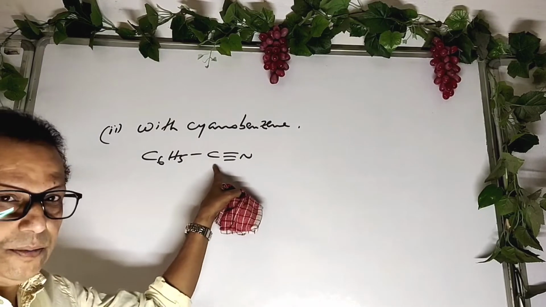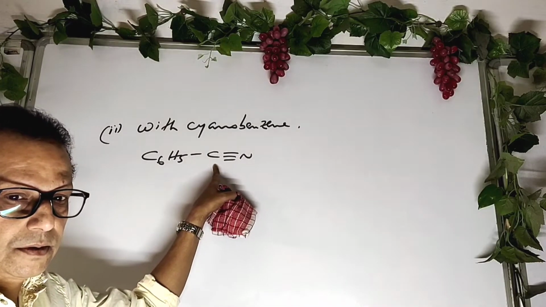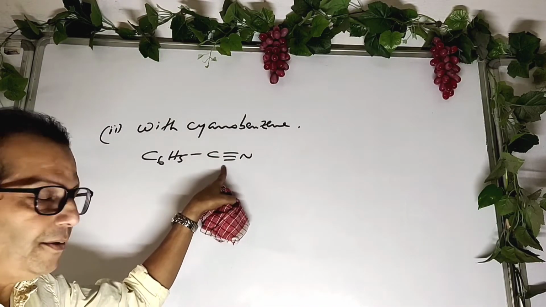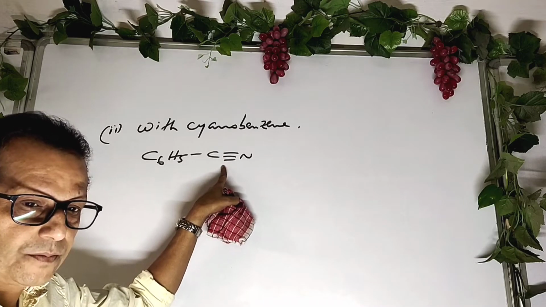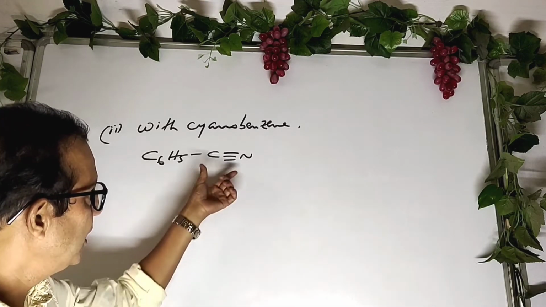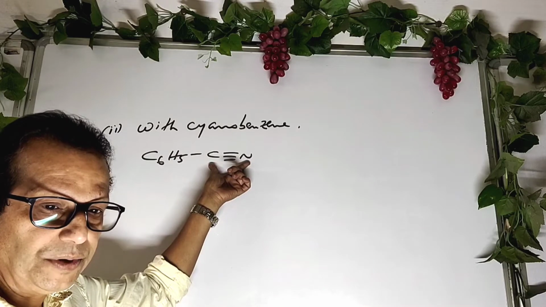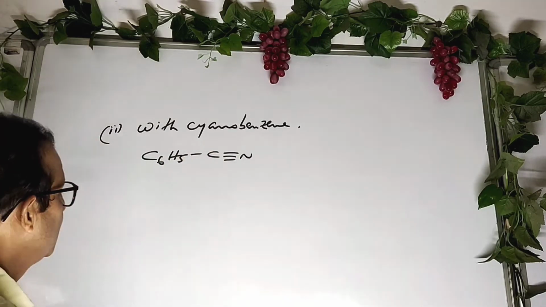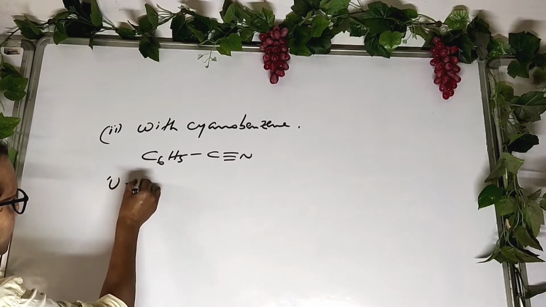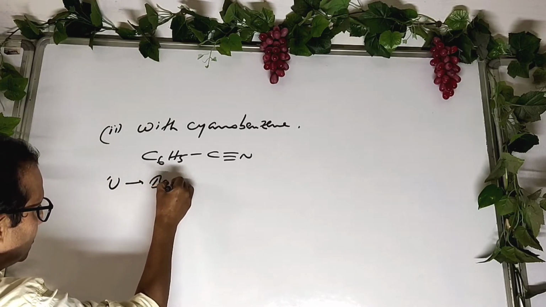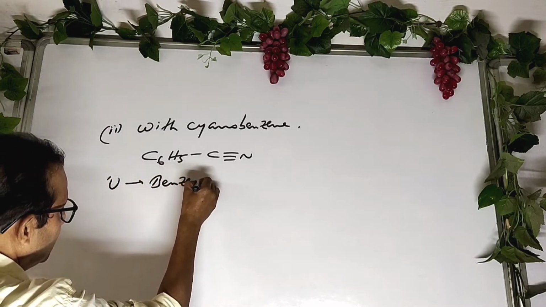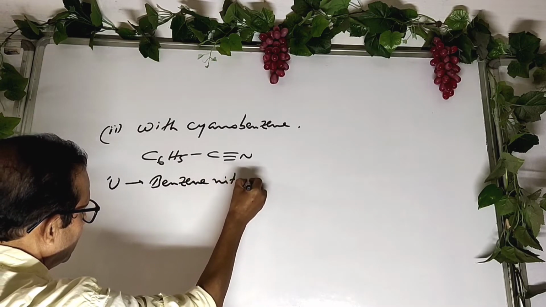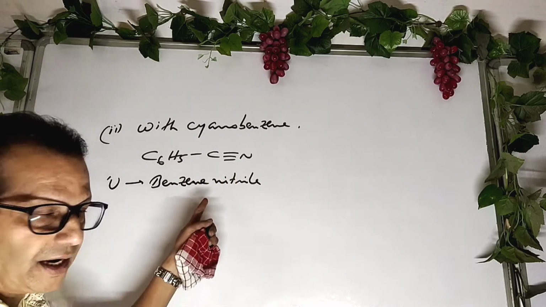This is cyanobenzene. Can you write its IUPAC name? In case of IUPAC name, the cyano group is called nitrile. So it is benzene nitrile. IUPAC name is benzene nitrile.